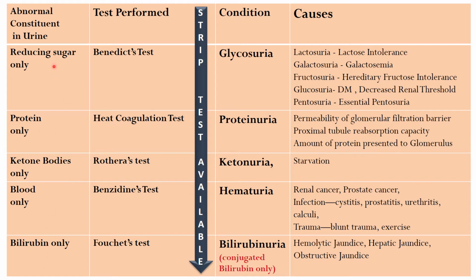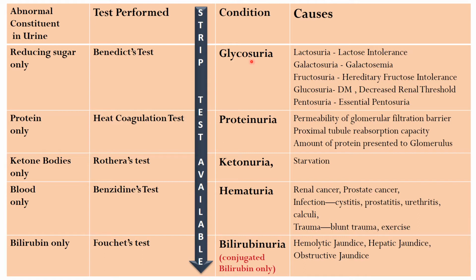Only when reducing sugar is present in the urine, the test that we perform is the Benedict's test, and this condition is known as glycosuria. And the causes of glycosuria may be lactosuria, galactosuria, fructosuria, glucosuria, and pentosuria.